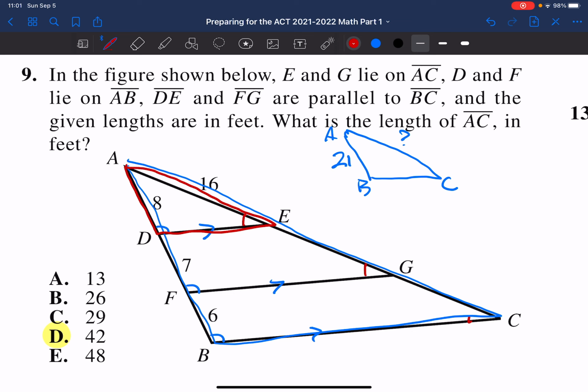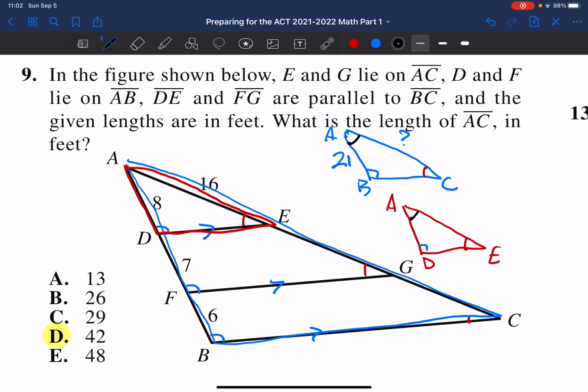Now, these two triangles, triangle ABC that I just drew in blue, and ADC that I'm drawing right now in red, are similar. How do we know that? Well, I just drew the fact that this angle and this angle are the same, and this angle and this angle are the same. And if you want to be technical, angle A is always the same.